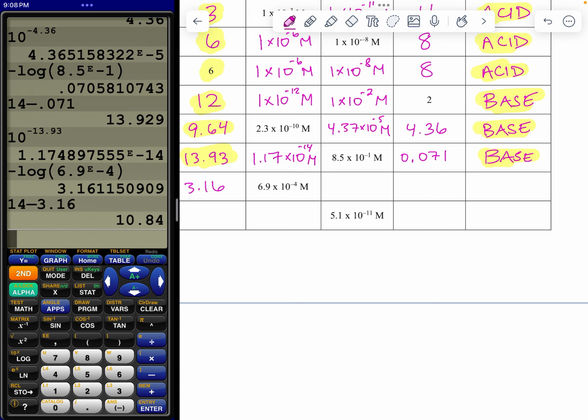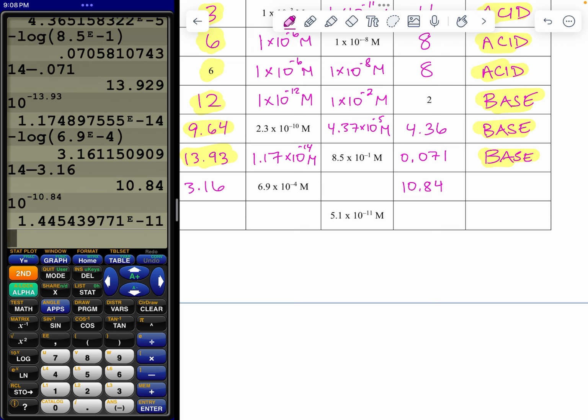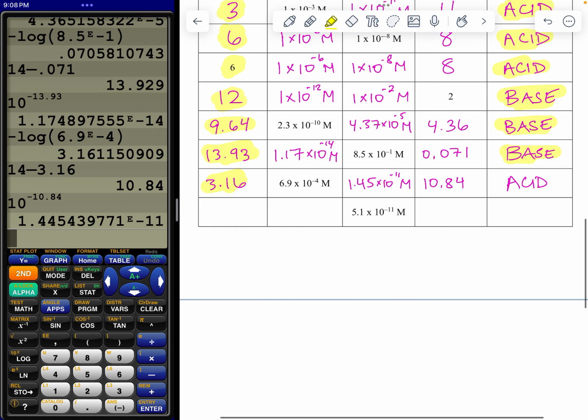That gives us 10.84. And then we go 10 to the negative 10.84 to get the concentration of hydroxide ions, which is 1.45 or so, times 10 to the negative 11th. And this is going to be an acid because that pH value is less than 7.